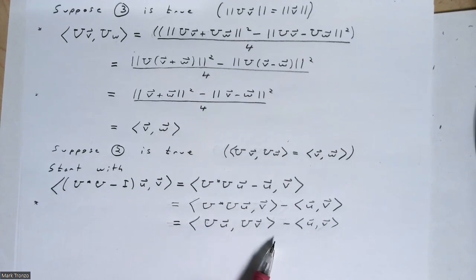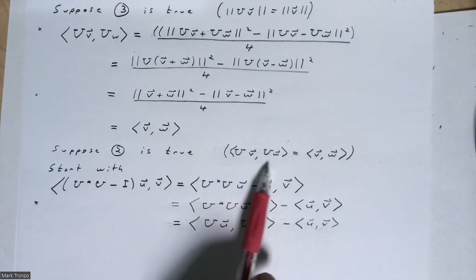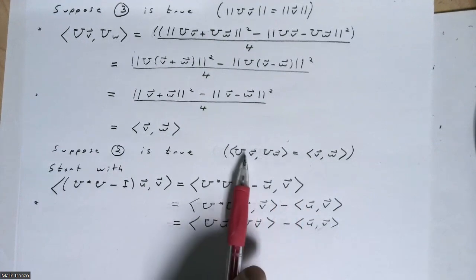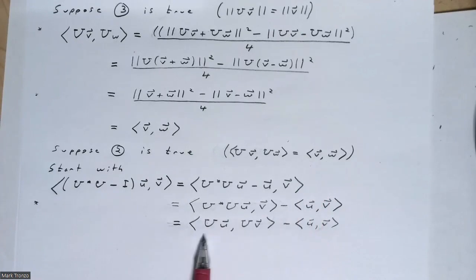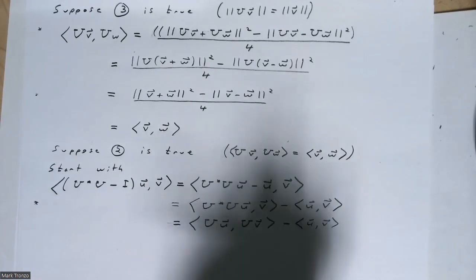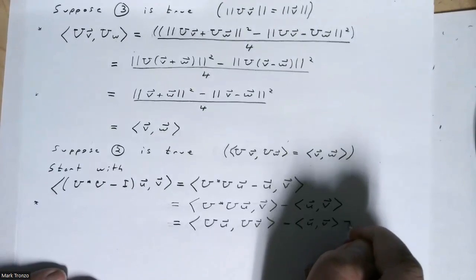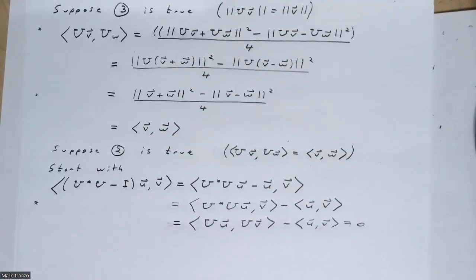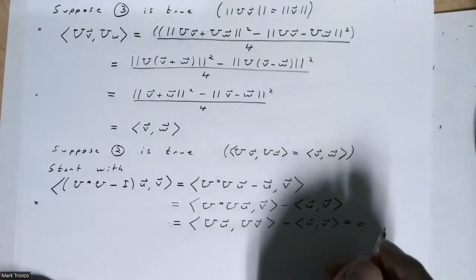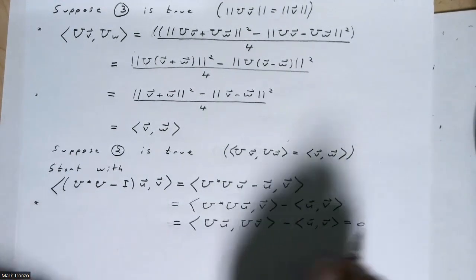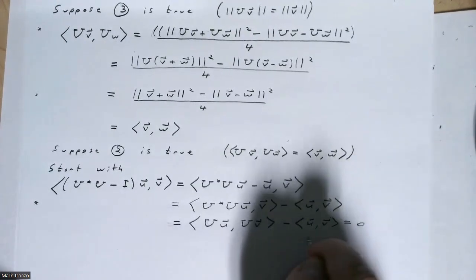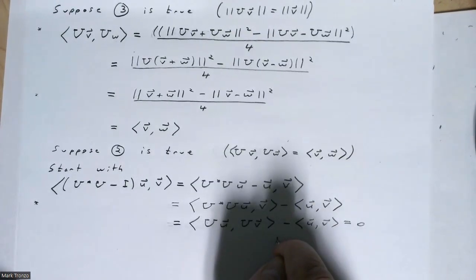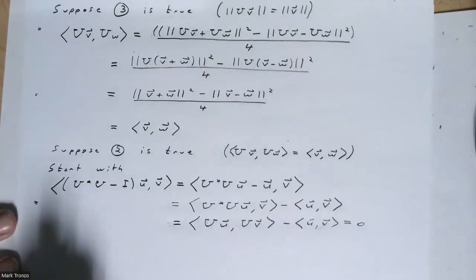We have this, but these two right here are equal. Notice this is equal to that. So these are just going to cancel. This is going to be 0. And notice that this is true. Again, I just started with arbitrary u and v. So this is true for all u and v.